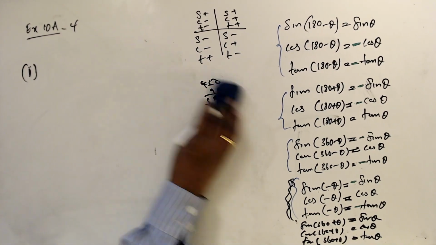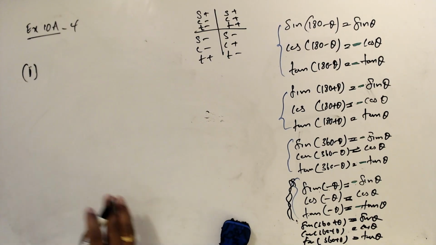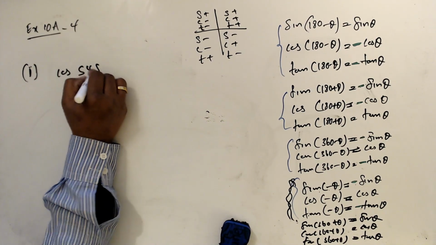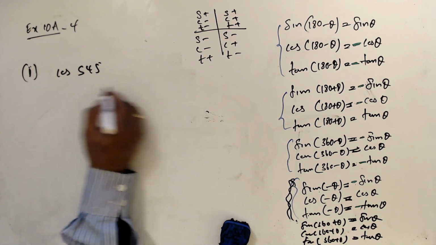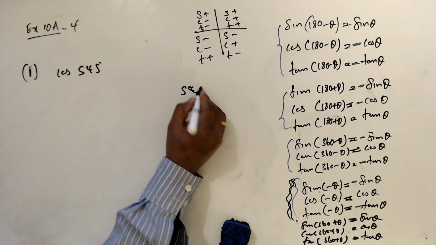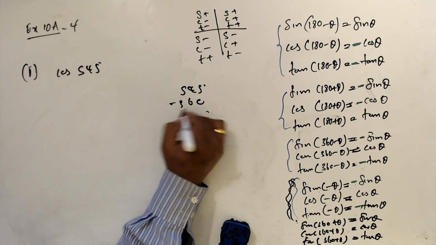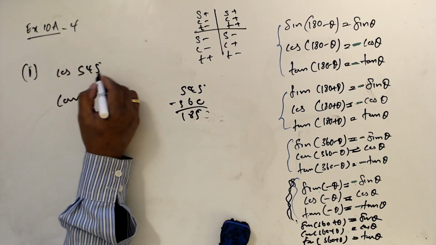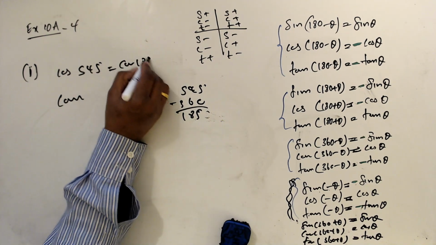You can simply subtract 360. For example, if I work this sum, cos 545, then 545 minus 360 gives 185, cos 185.